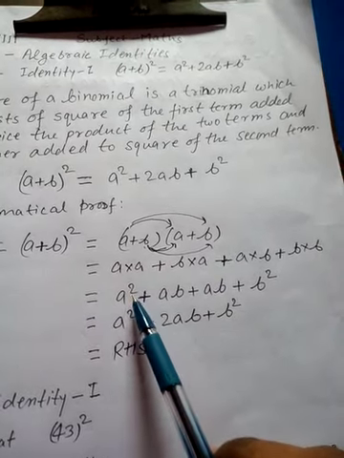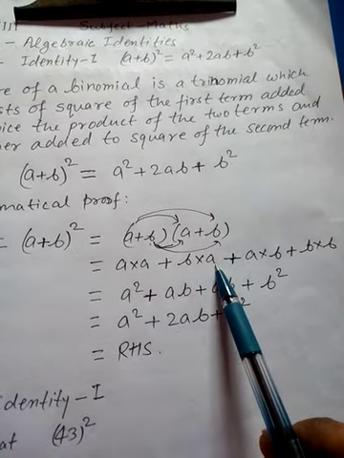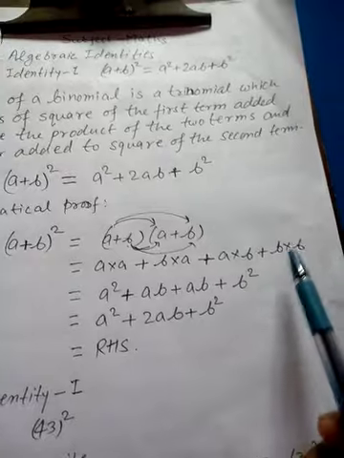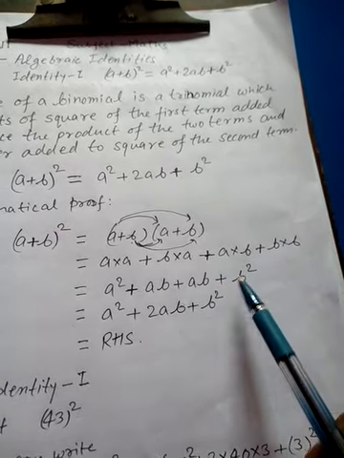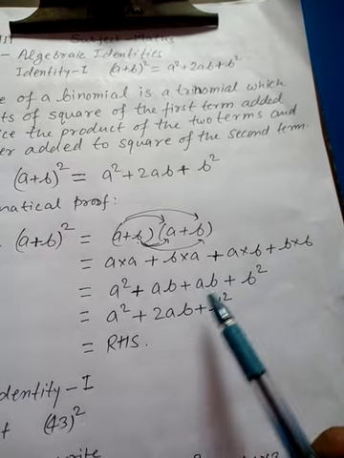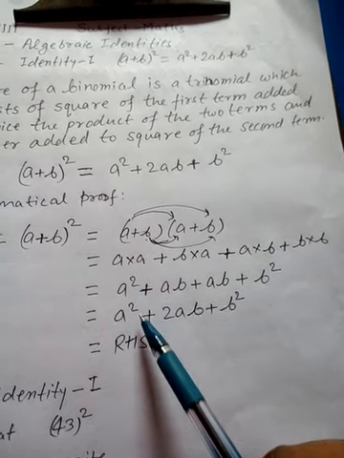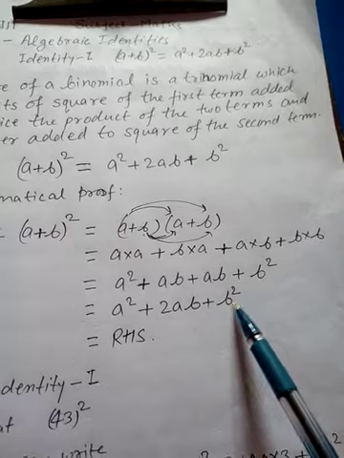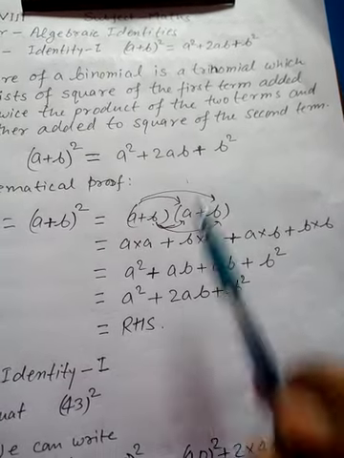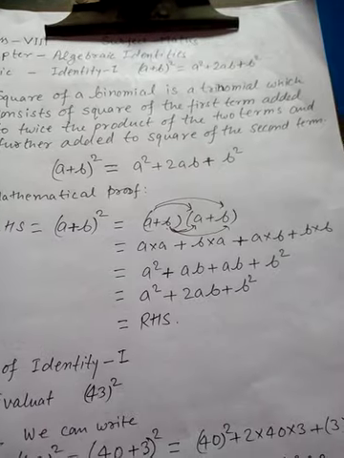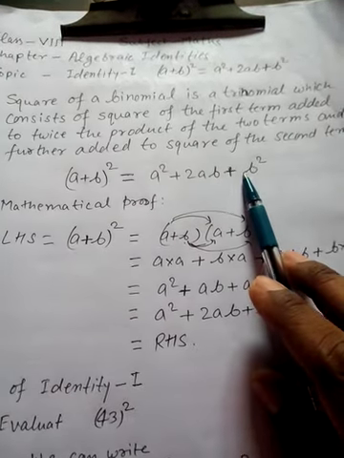Now a into a is a square, b into a can be written as ab, a into b is also ab, and b into b is b square. Now ab and ab added is written as 2ab, and a square and b square as it is. Now you can see this is the RHS. So this is the way to prove the identity.